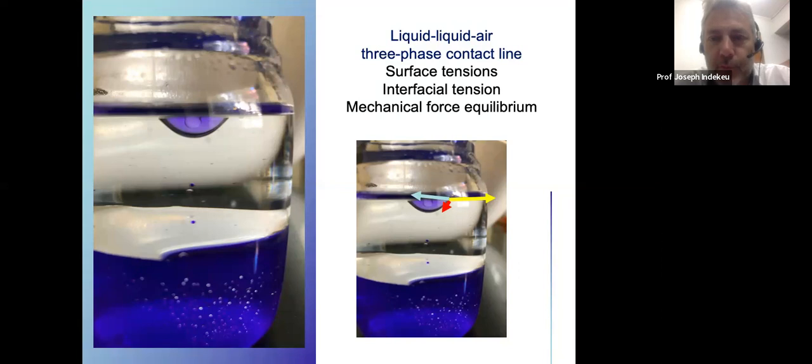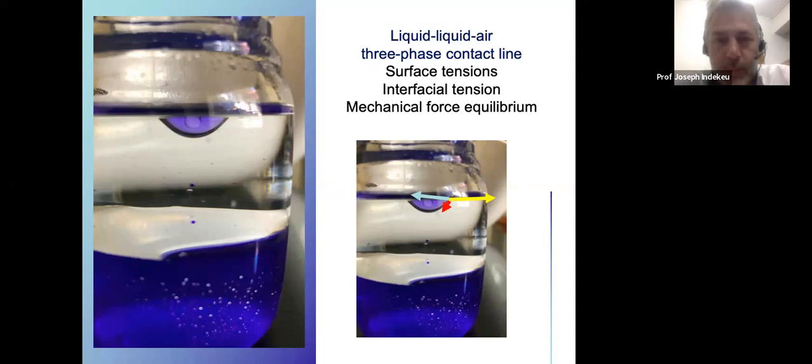So we have three interfacial tensions. We have the air-liquid interfacial tension on the cyclohexane-rich phase side. And we also have the air-liquid interfacial tension on the methanol-rich side. And we have, of course, the liquid-liquid interfacial tension between the two liquids.